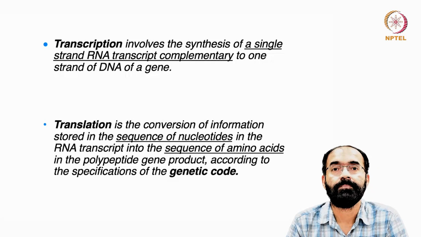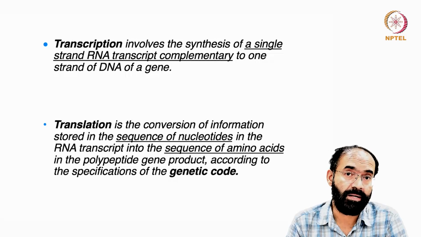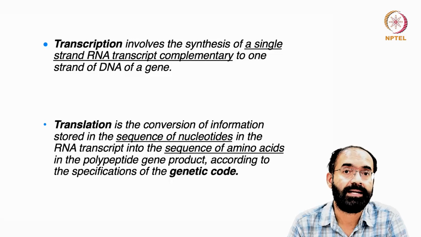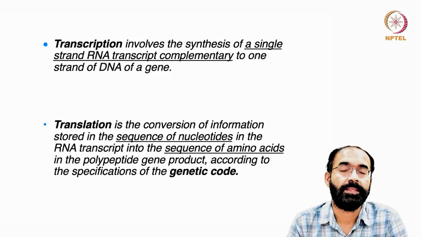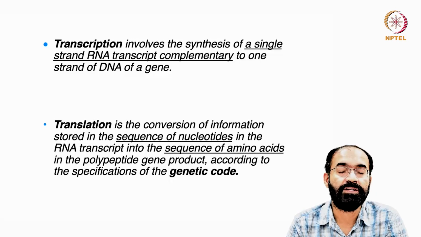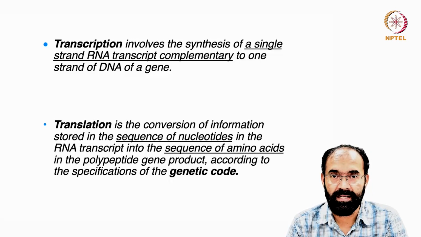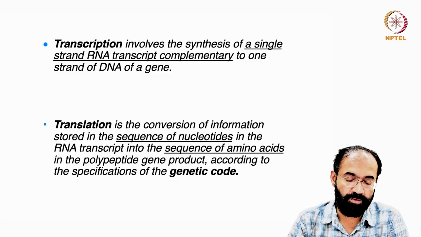In other words, the sense strand is the non-template. The antisense strand is the template strand, so that when acting as a template, it can give rise to an exact copy of the sense strand in the form of RNA. So this idea should be clear in your mind.